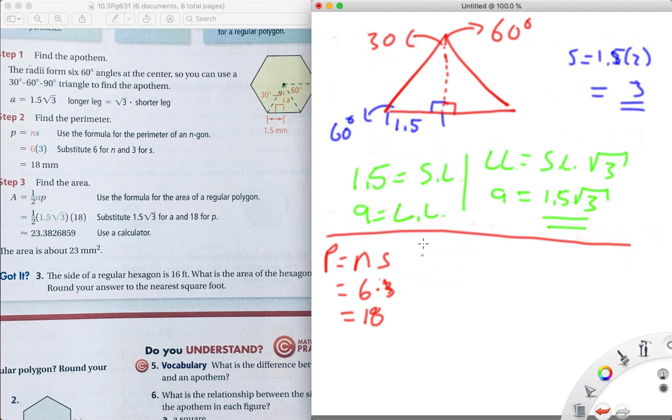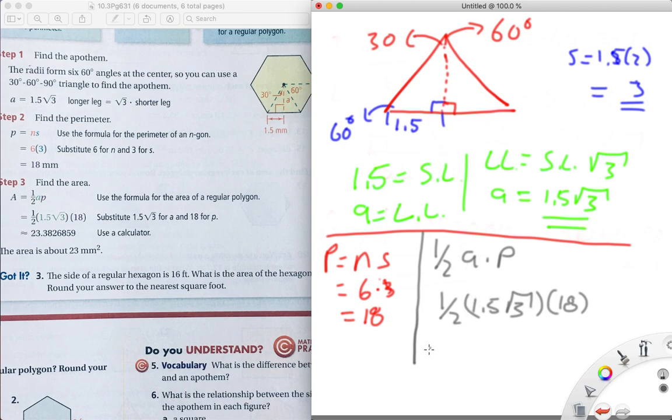And that's enough information to find the area of the regular polygon. Remember that the area of a regular polygon is the apothem times the perimeter times 1/2. We have the apothem as 1.5 times the square root of 3, and we're going to multiply that times 18. 18 is my perimeter, my apothem is 1.5 square root of 3, and I'm dividing that by 2.